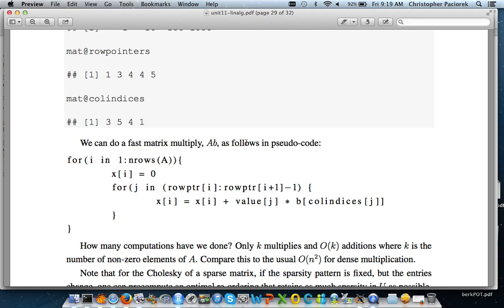So this for loop is basically looping over how many elements we need to grab out of each row. And then down here, all we need to know is what's the column index that corresponds to that non-zero entry, because that's the value of the B vector that we're multiplying into that we need to pull out and do the multiplication against.